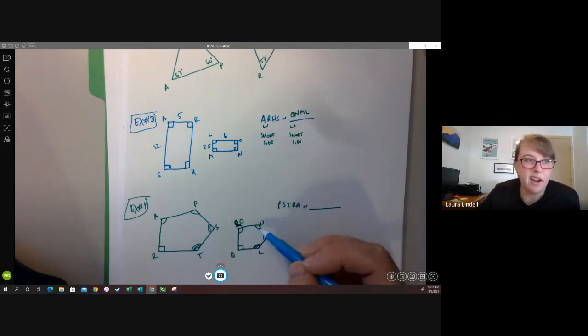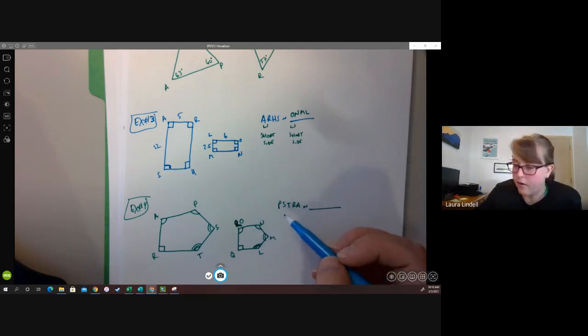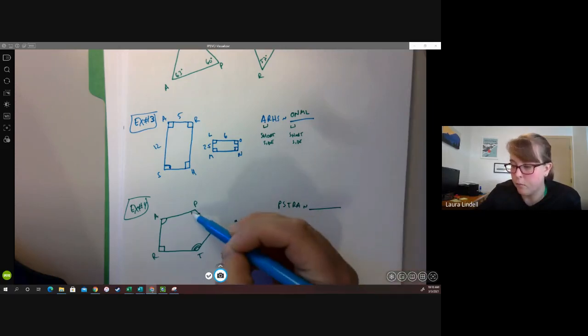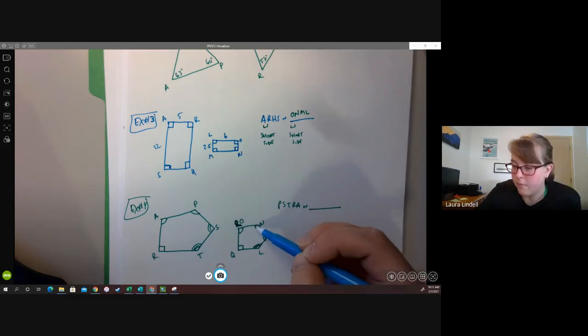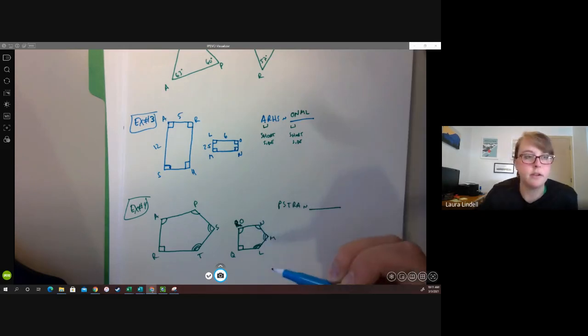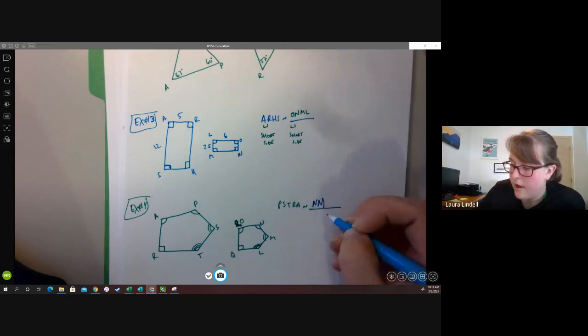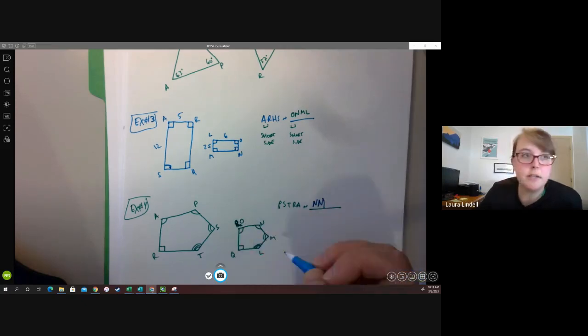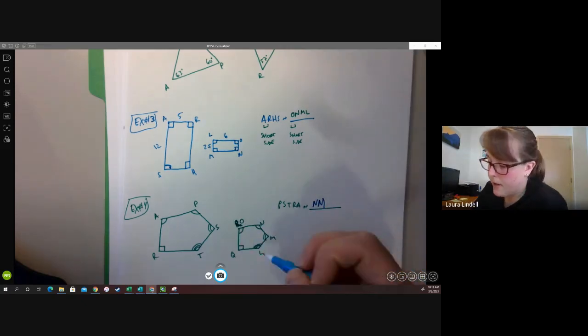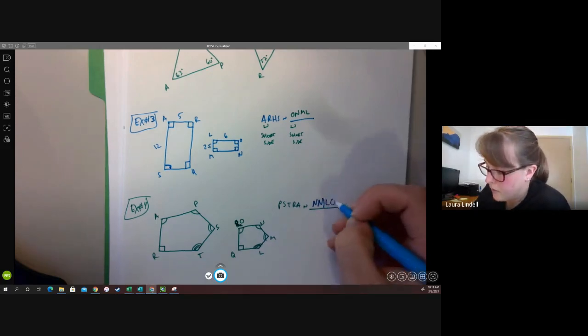So we have to figure out which one actually goes with P. And we can figure it out if we figure out what the first two letters are, P and S. It goes from one arc to two arcs. So over here, it's going to have to be N and M because this is the only scenario where you can go from one arc to two in order. So we would say N, M, and then you can just kind of continue around the shape, L, Q, O.